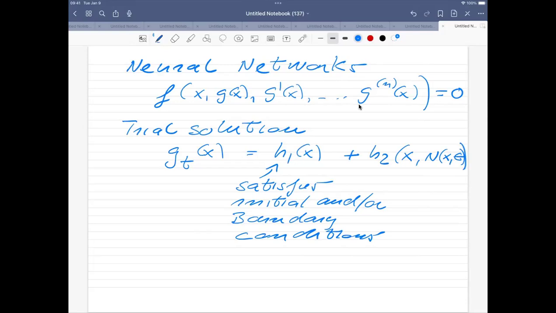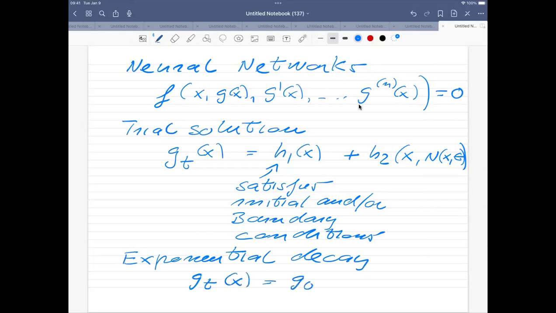So if we think of the exponential decay as a simple example here, what we could do then is simply to say that this g_t of x is given by g0, so that we obey the boundary condition, plus an x times a neural network.